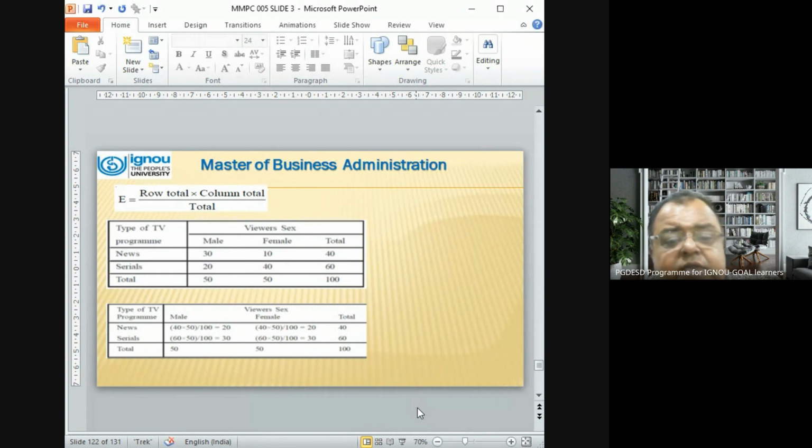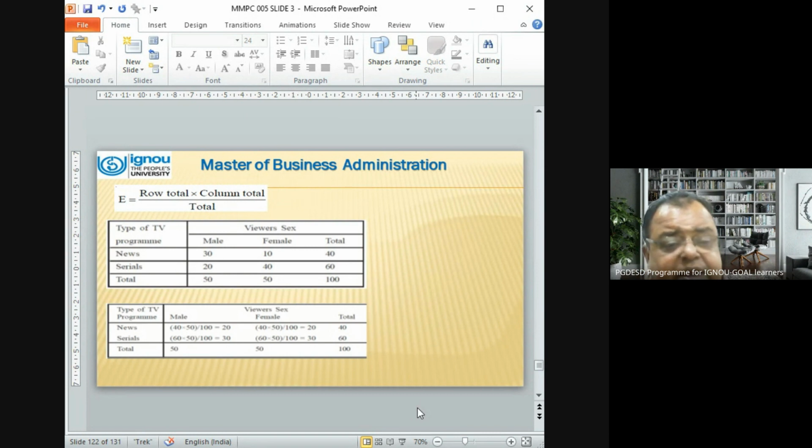So the value you get is 20, in the second one again 20. For serials, it is 30 and 30. Total up 50. For the females, it is again 50. And for news, it is 40, and for serials, it is 60.